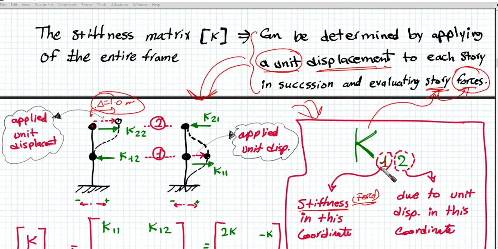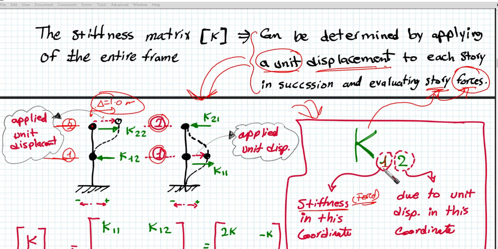How many directions or coordinates do we have? In our case, we have coordinate 1 and coordinate 2, right? So this is floor 1, floor 2. Degree of freedom 1, degree of freedom 2. Okay? Coordinate 1, coordinate 2. They are the same.